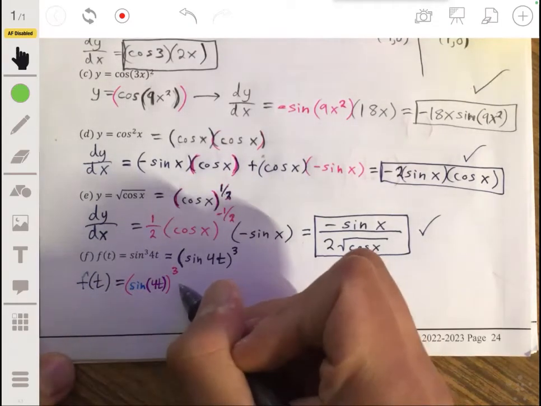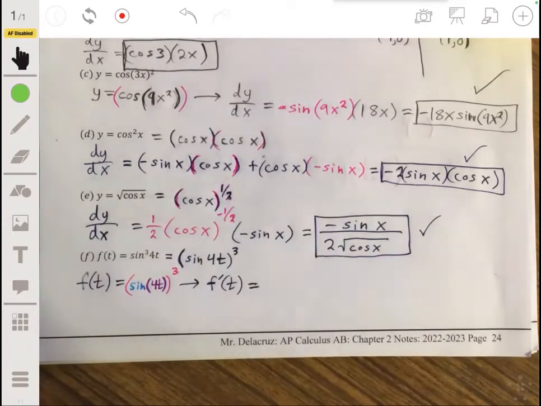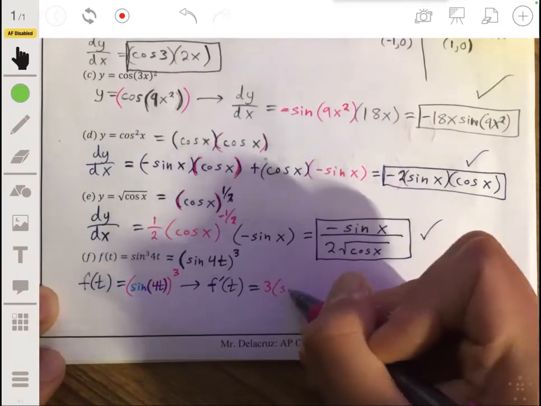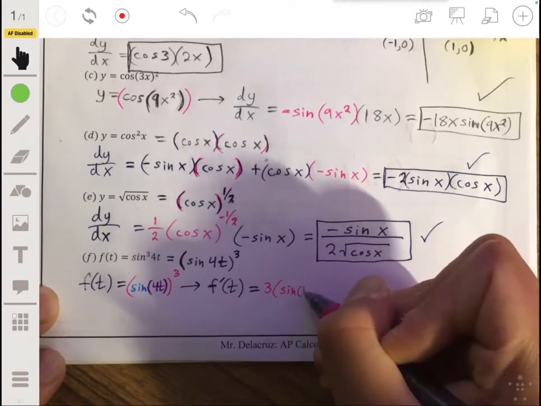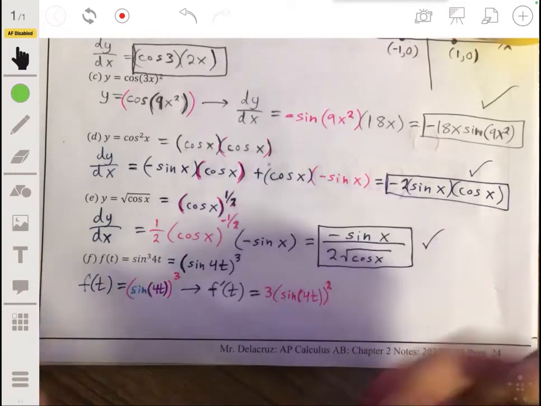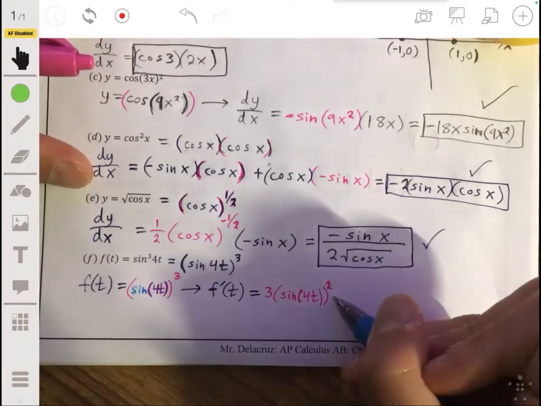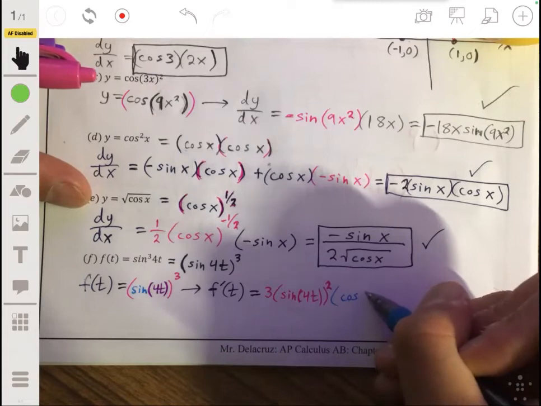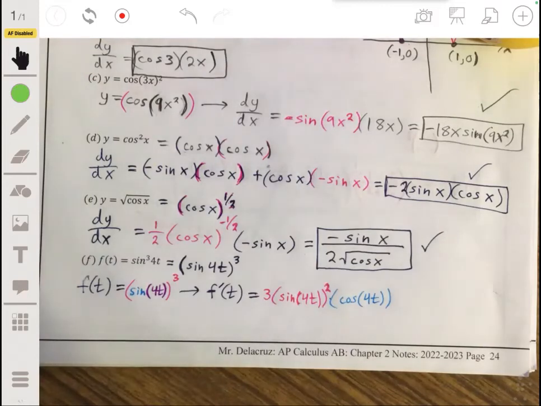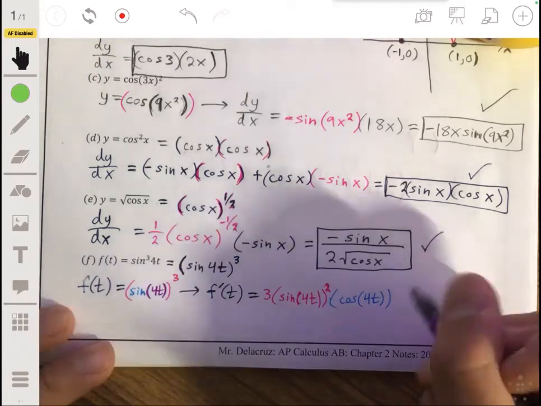So what we'll get is that f prime of t, I like to work from outside in. We take the derivative of the cube function, so I'll just see 3 times the sine of 4t, all to the second power, multiplied by the derivative of the sine function, which will just be the cosine of 4t, multiplied by the derivative of the 4t, the inside function, which will just be 4.